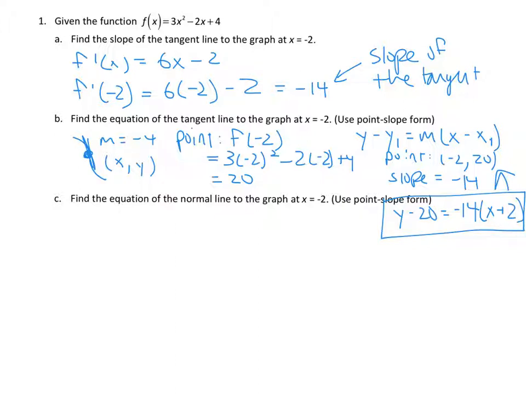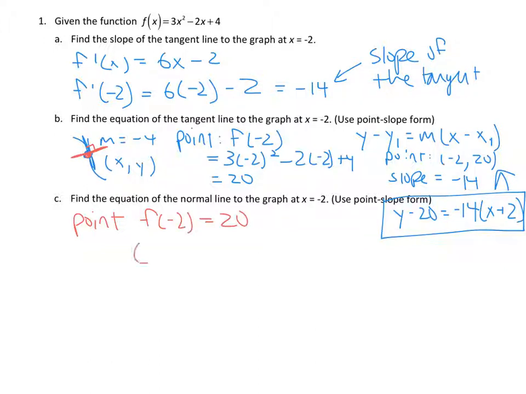Now, if you have to find the equation of the normal line, again, this is less common than tangent lines, but a normal line passes through the same point, but it's perpendicular to the tangent line. Since it's passing through the same point, we still need that point on the graph. So we had to find f of -2, which we already found was 20.